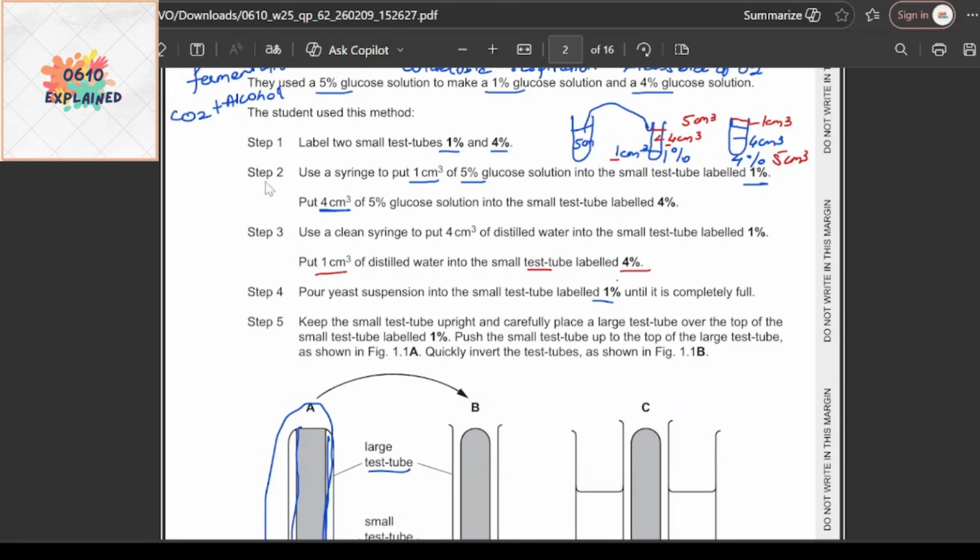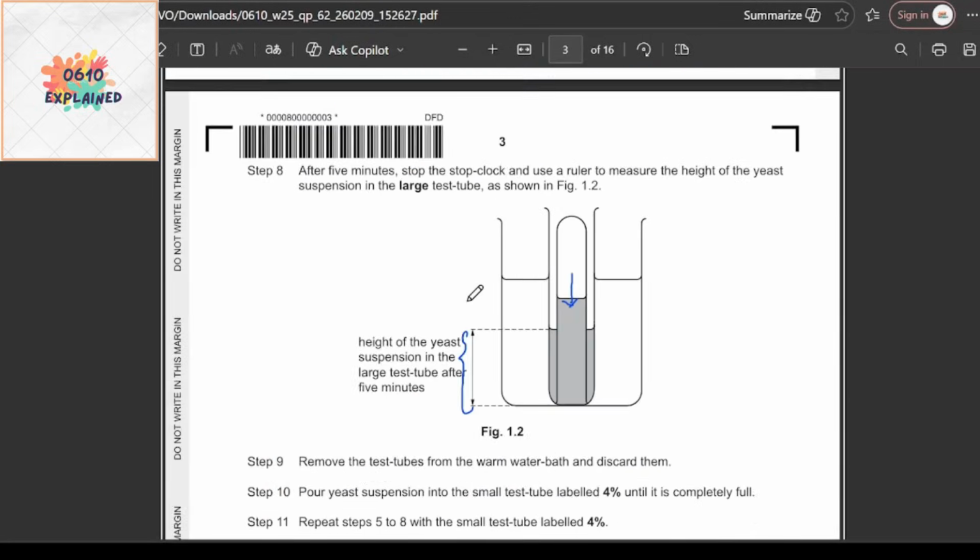Now is the step that we are looking for, which is saying use a clean syringe to put 4 cm cube of distilled water in the small test tube. Now, if the syringe was not cleaned, the initial glucose solution would be added to the 1 cm cube or the 4 cm cube, which would alter the results.